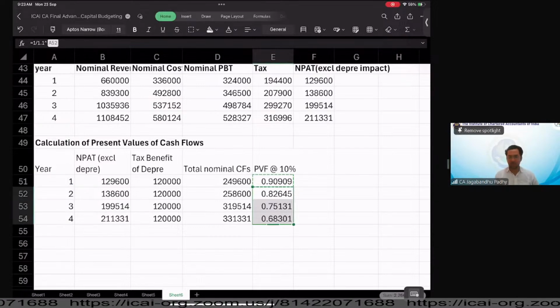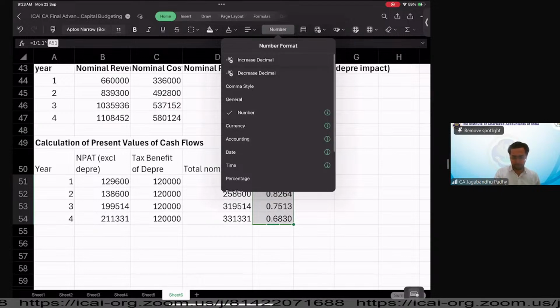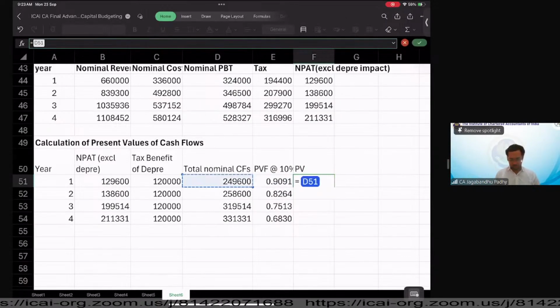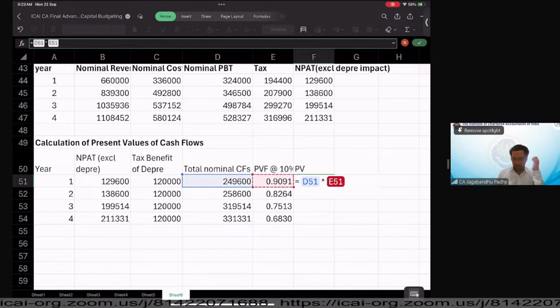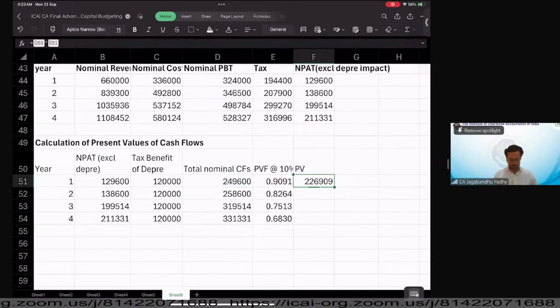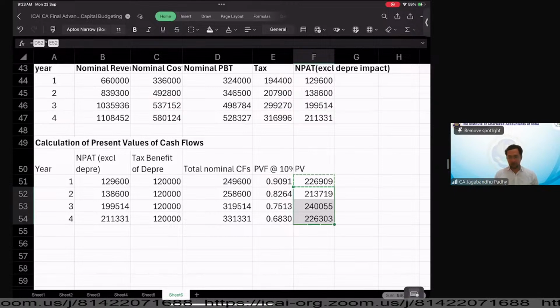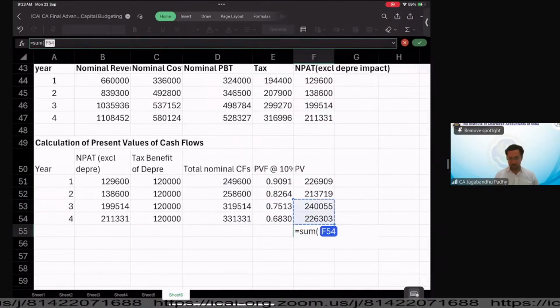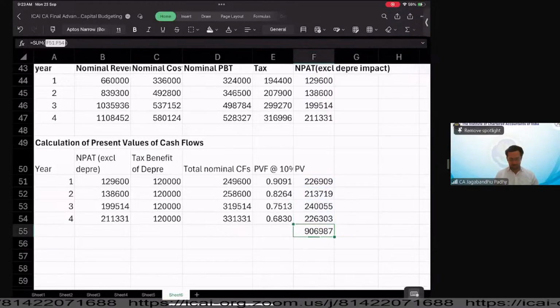You can calculate these PV factors in your calculators easily. And then finally, present value will be total nominal cash flows into present value factors, which is the sum of this entire aspect.